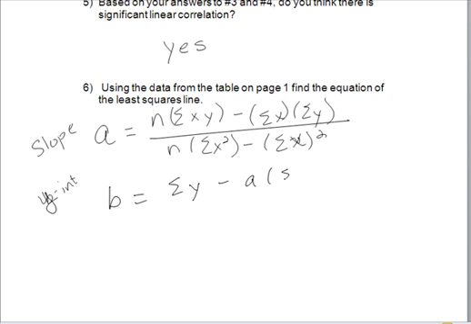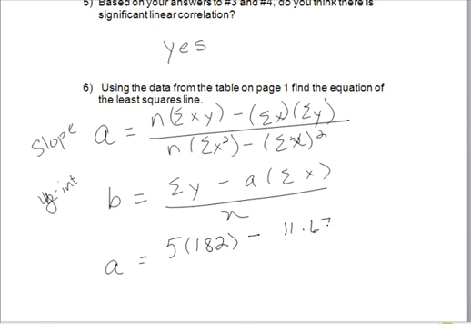Okay, so I'm referring to my totals that I got on the previous page. So a is 5 times the sum of the xy's, 182, minus 11 times 67, all over 5 times the sum of the x squares, 39, minus the sum of the x's squared.